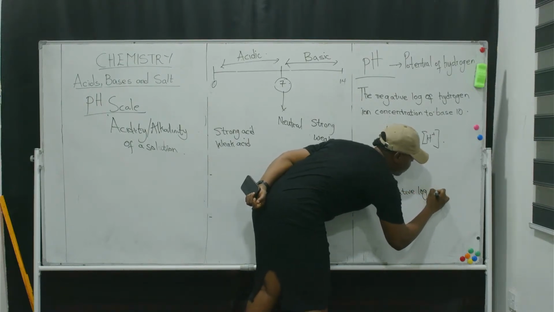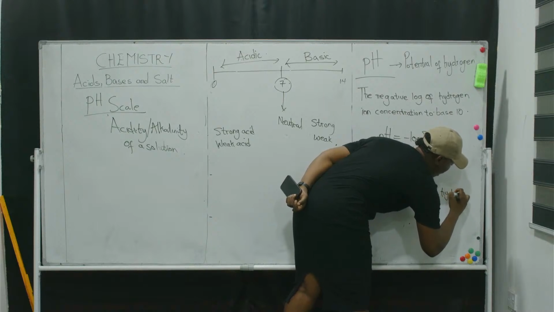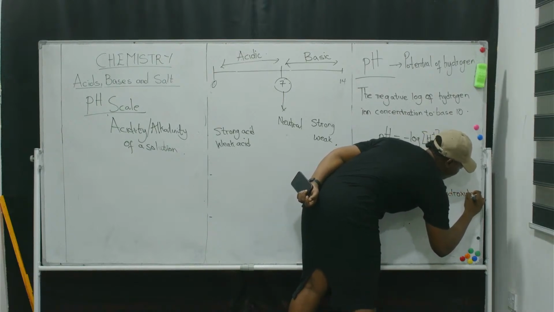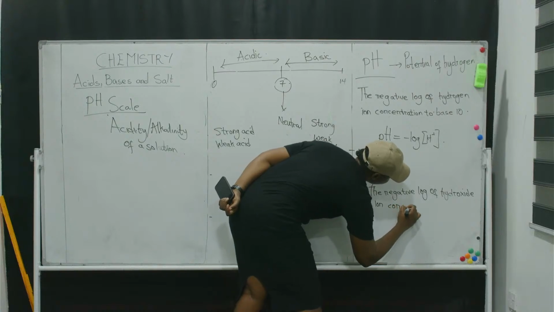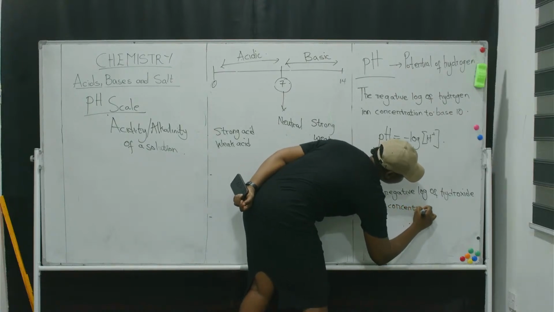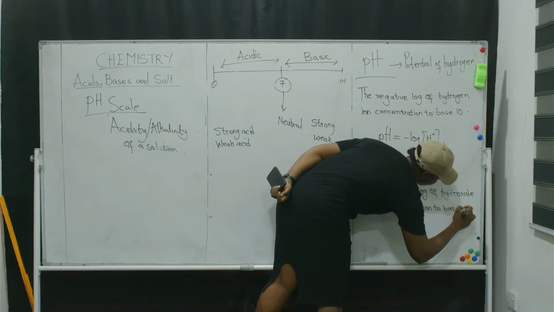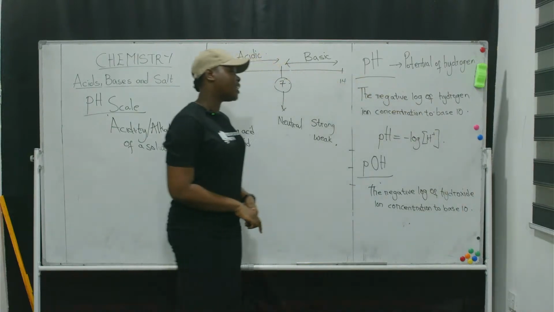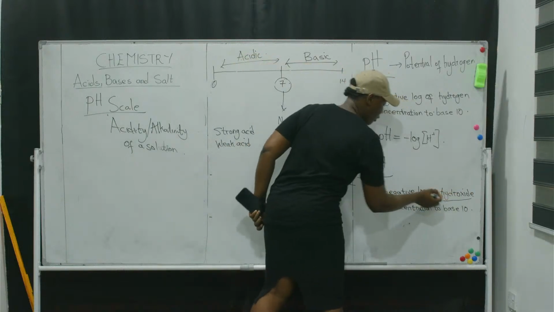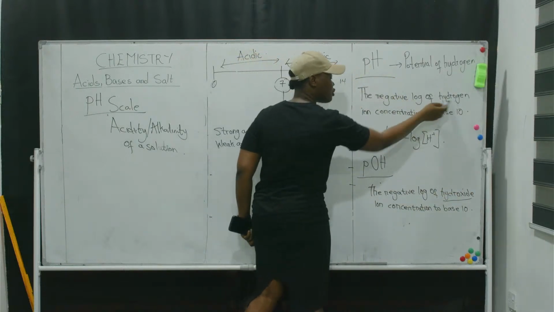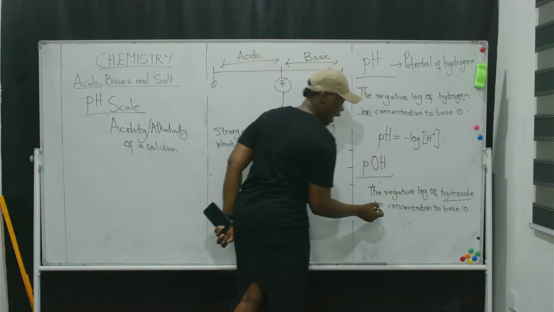Don't forget for pH, it is hydrogen ion, while for pOH it should be hydroxide ion.